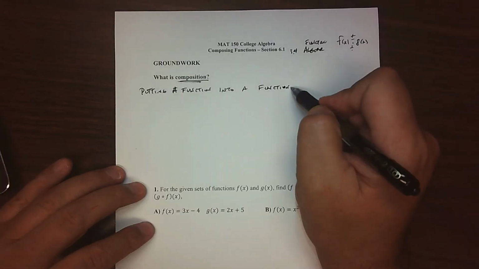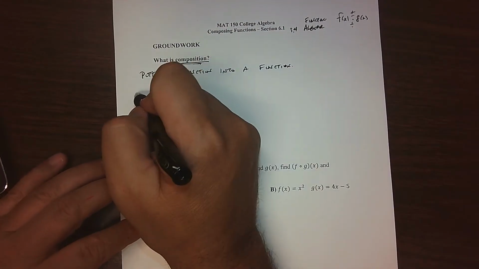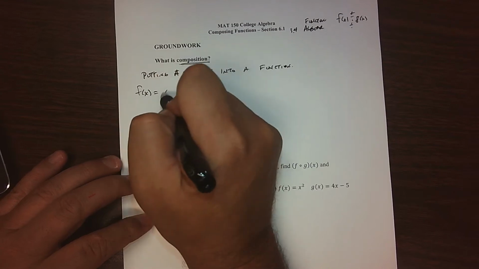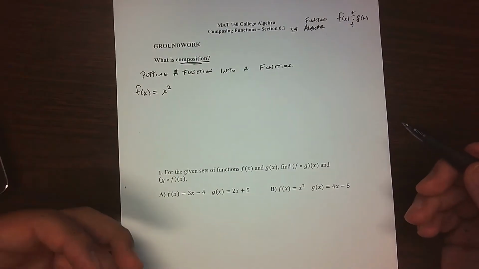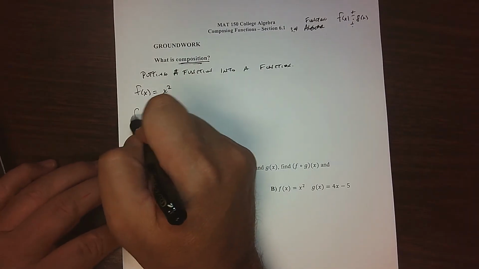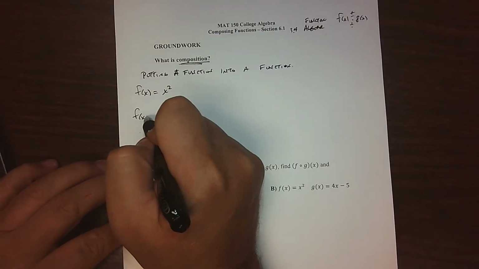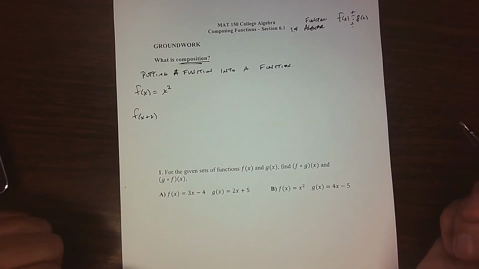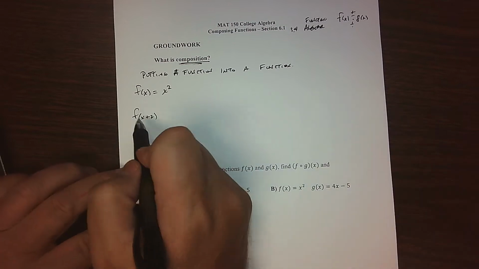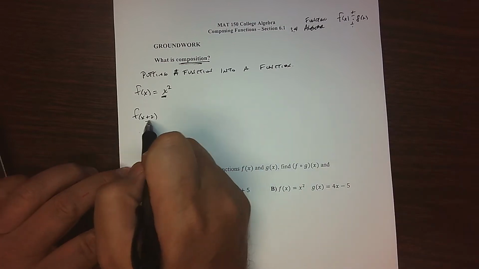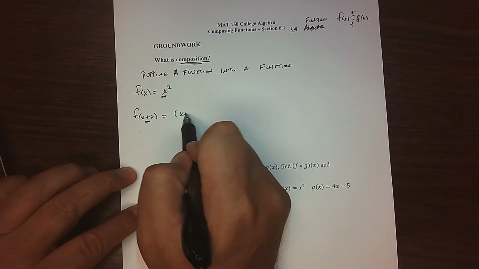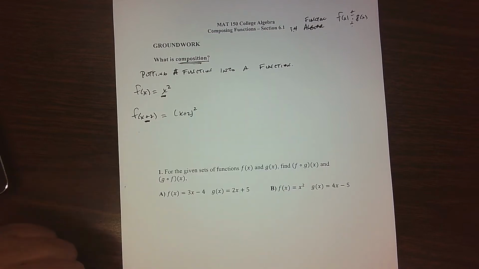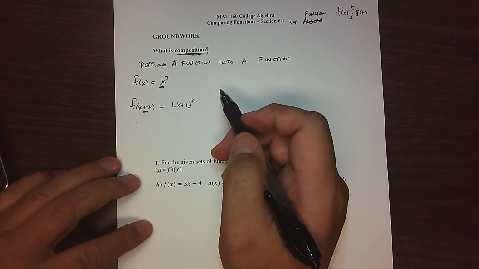Believe it or not, you have actually seen this before. Back in the day, I think I gave you something like f of x equals x squared, and then I asked you to find something like f of x plus 2. Essentially, I'm replacing this x with x plus 2, and so we got x plus 2 squared, and then we would clean it up.